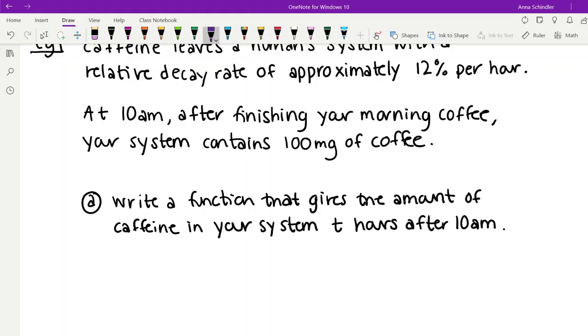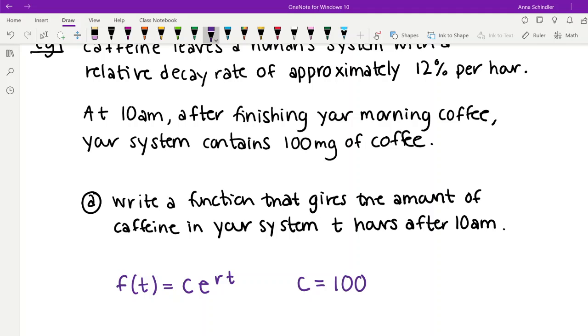We'll see that there's one key difference with this one. This function is going to be, again, in the form f of t is equal to c times e to the rt. So c is our initial amount. In this case, our initial amount of caffeine is 100 milligrams.